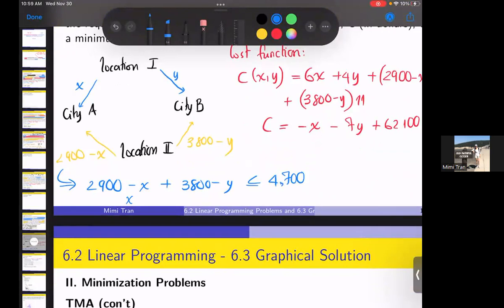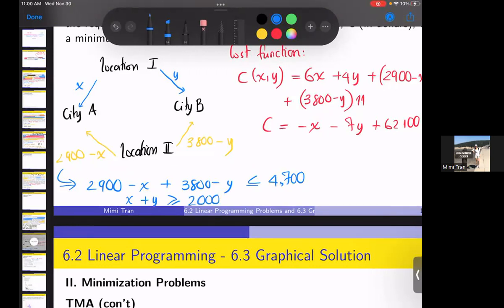I'm going to move x and y to the right, so I like to have a positive x, positive y. And then subtract 4,700. This one is 6,700 minus 4,700, so that's 2,000.